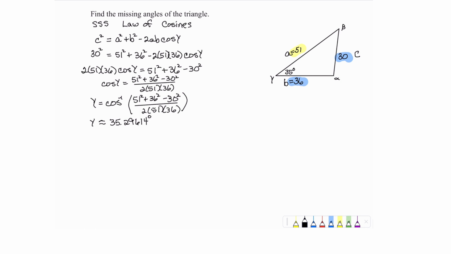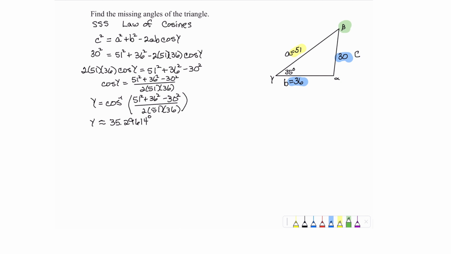The angles that are left are alpha, and the side across from alpha is 51, and beta, the side across from beta is 36. So even if I hadn't drawn the triangle accurately, since 51 is bigger than 36, my alpha is a bigger angle than beta. So beta is the smaller, and that's the one that I would want to look at finding next.